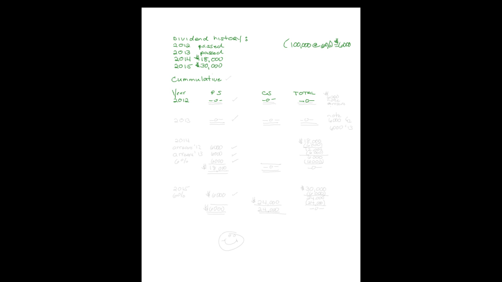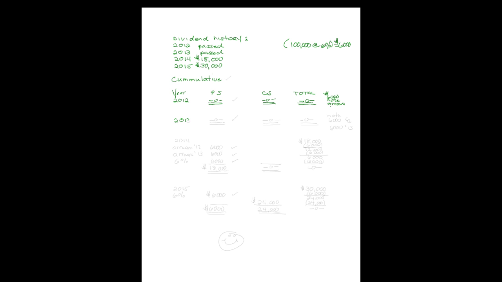And no dividend was paid to common stock. But the balance sheet will note that there's dividends in arrears for this year in the amount of $6,000. There'd be a note in the financial statements that says dividends in arrears, $6,000.